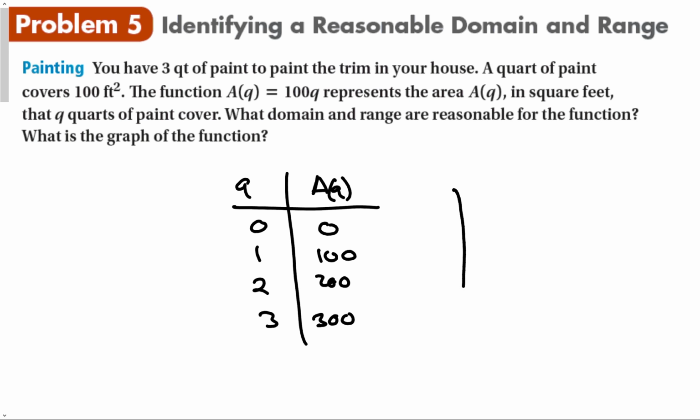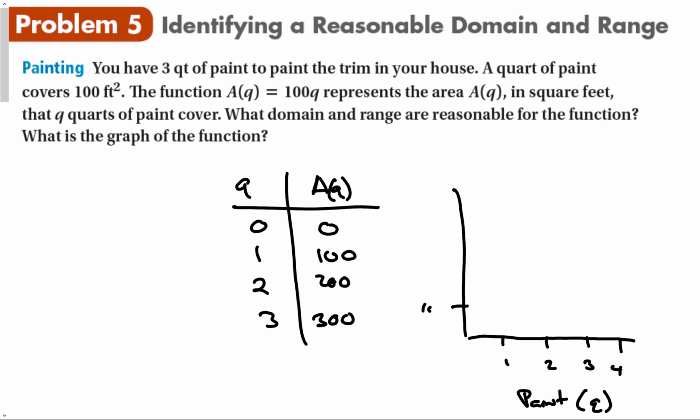If I want to graph this function, table, graph, let's make it a little straighter. Okay, so we got 1, 2, 3, 4. That is going to be paint, in quarts.